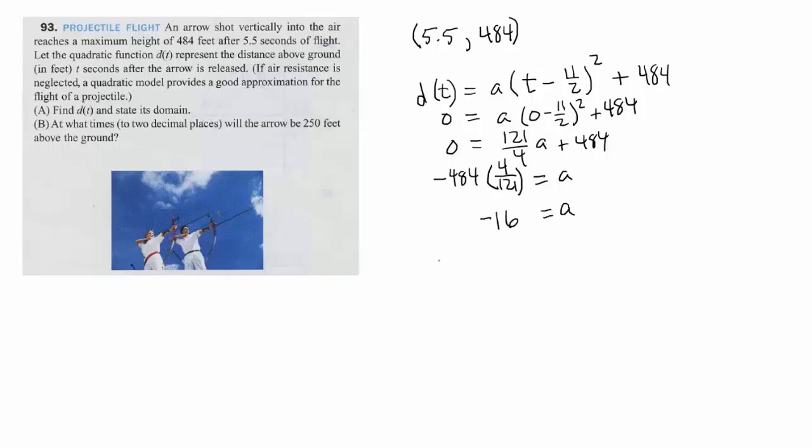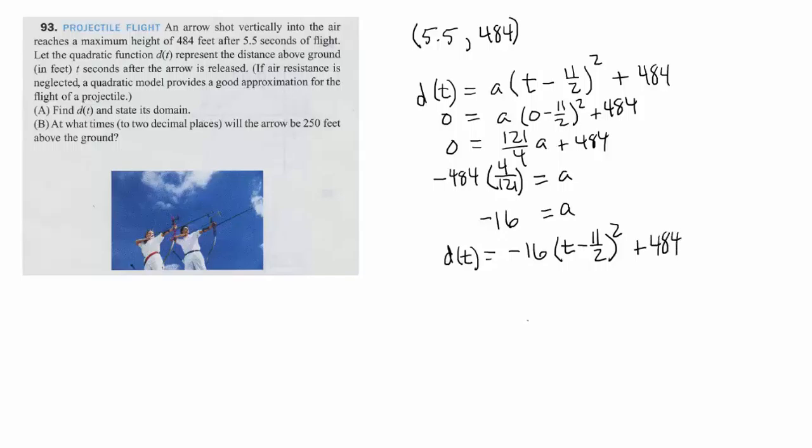So now that we know this, we know that d of t is equal to negative 16 times t minus 11 halves squared plus 484.